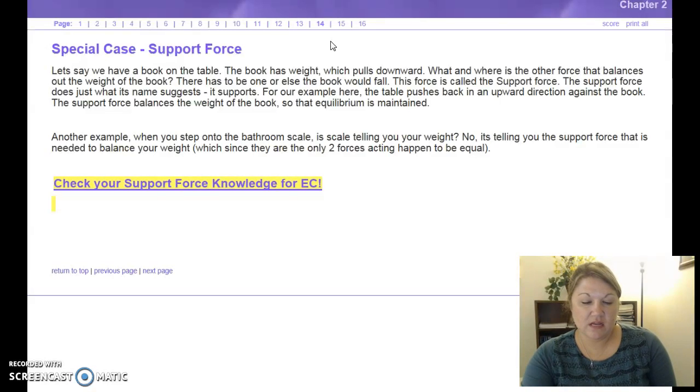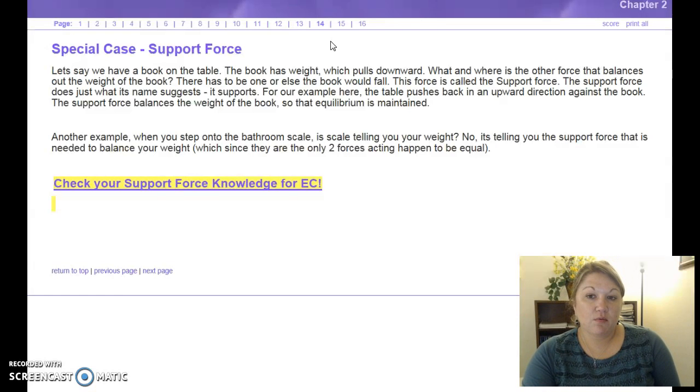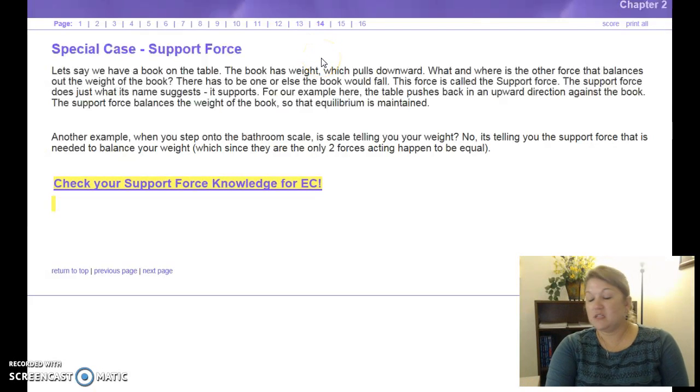You know the book has weight that's pushing it down, right? You know it does that because if you just dropped the book, it goes down. Right? Well, if it's just sitting there on the table, well, what's the counter force, right? What's causing it not to move? And that's this special case called a support force. Right? That book's weight is pushing down on the table, but that table is also pushing back up against that book so that you have balance. Okay? We explain that, go into a little further detail on that.